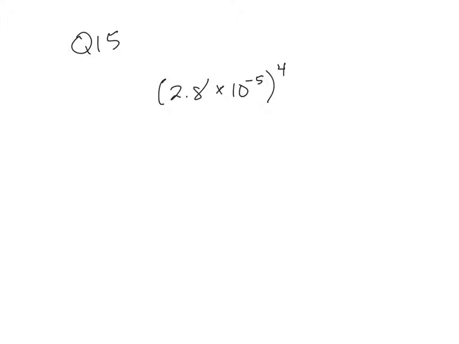Question 15 asks to simplify the expression and write the answer in scientific notation. As stated in one of the other videos, scientific notation is the only time you can have negative exponents. We use scientific notation as a way to note very large or very small numbers instead of having a lot of zeros either before or after the number or in between the decimal point and the other numbers.